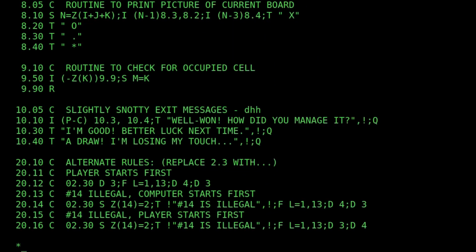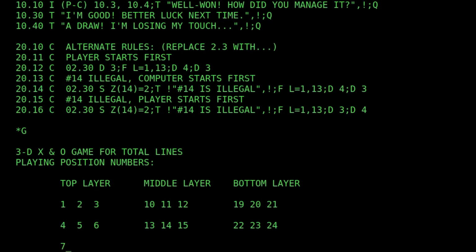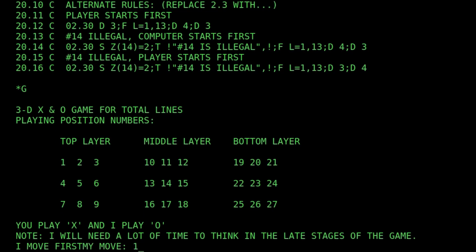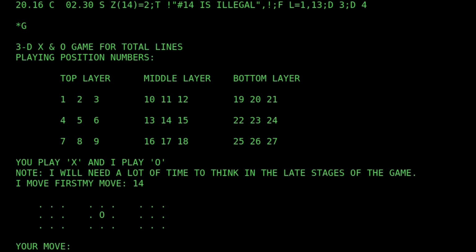Next up, we'll play a little bit of tic-tac-toe, but of the 3-dimensional variety. Okay, we've got 3 boards, top, middle, and bottom. Computer plays X. I play X. It plays O. It's going to need a lot of time to think in the late stage of the game.